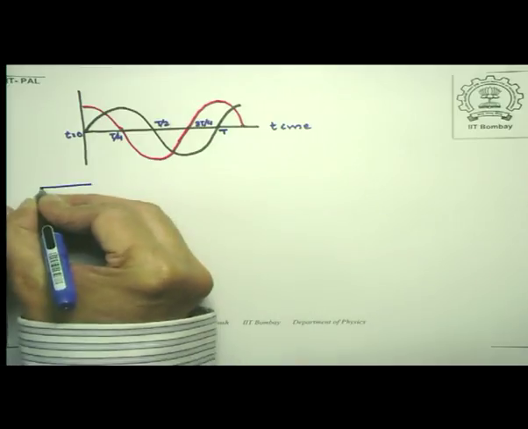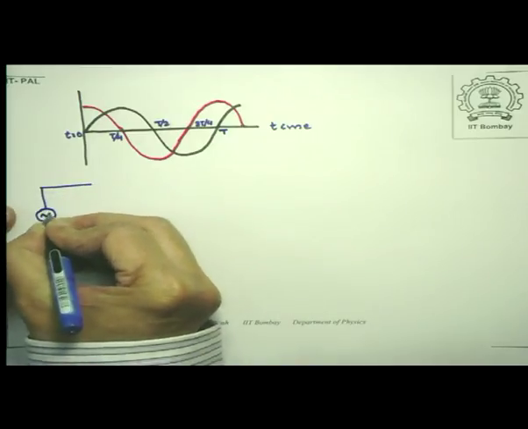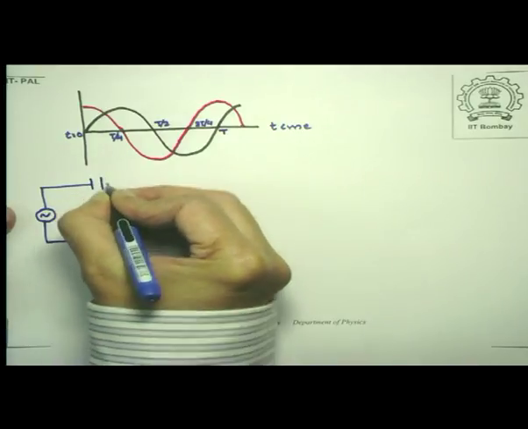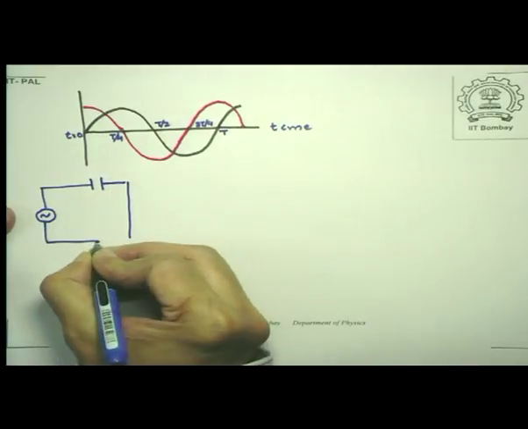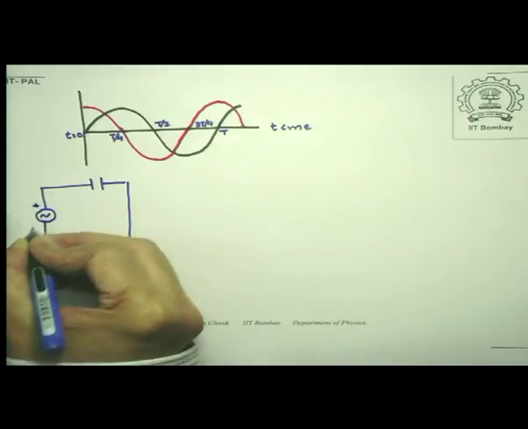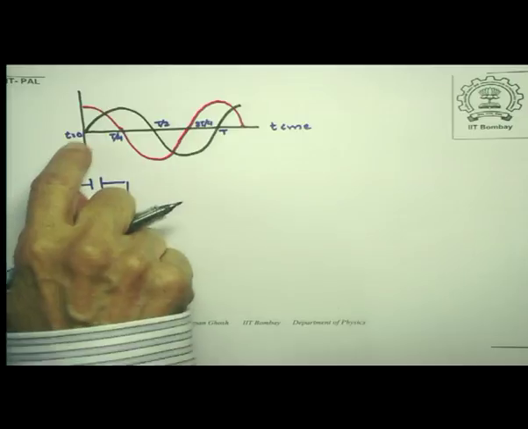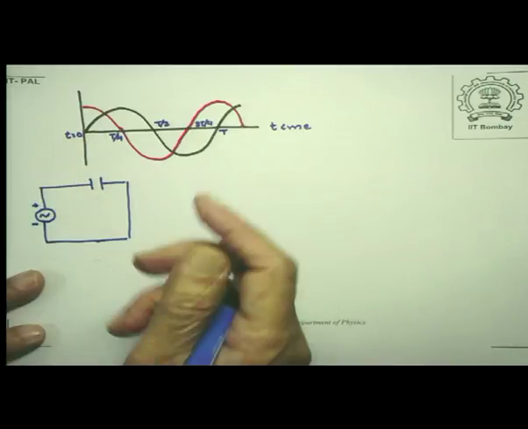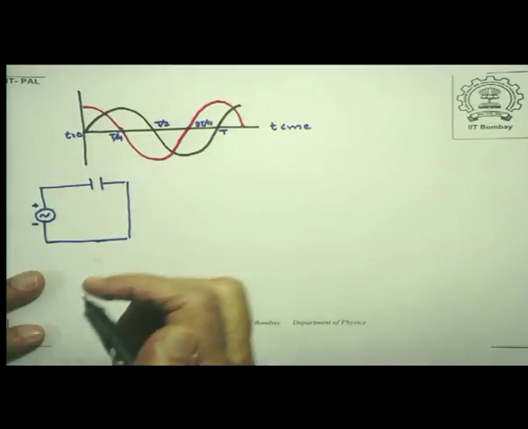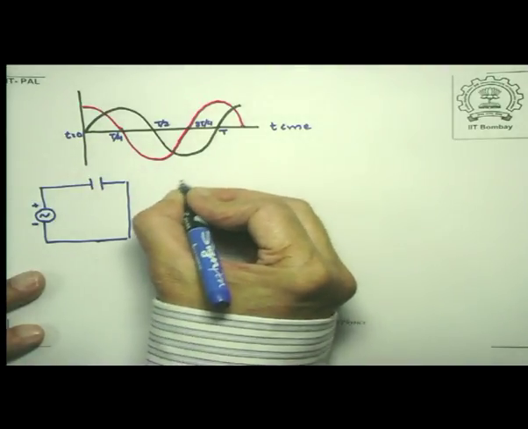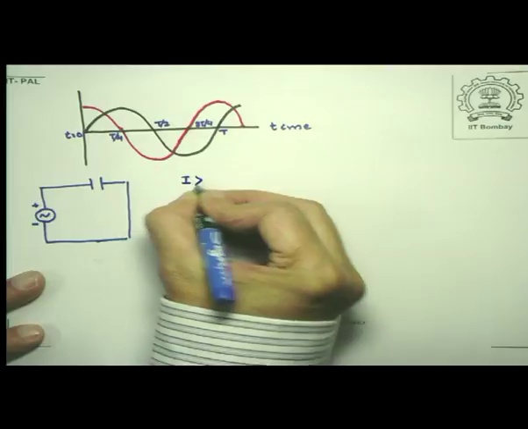So this is my circuit. Let us suppose at that instant this side is positive and this side is negative. So my voltage is 0 but is increasing, and the current has become maximum, and current also is positive. So I have I greater than 0.